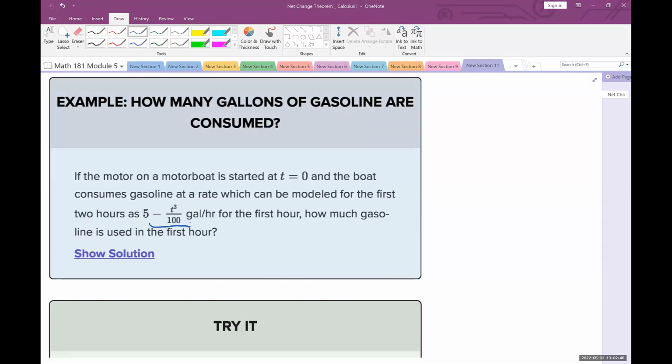We're looking at just the first hour. So we're looking at the volume with respect to time. It's going to be the integral from 0 to 1 because it's 1 hour of 5 minus t cubed over 100 dt.